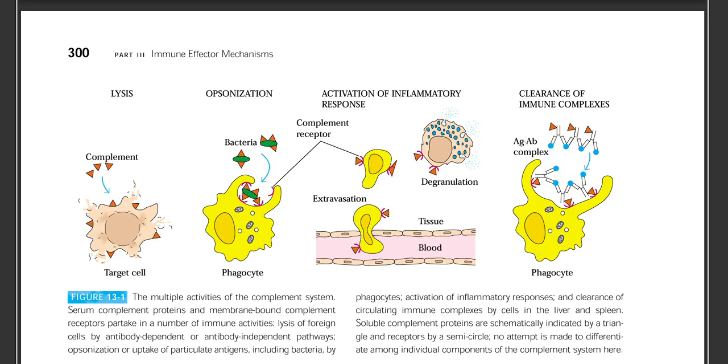Then it helps to clear the immune complexes which are stored in a particular part of the body. This is very important. In certain cases, some of the antigen antibody complexes get stored in our body.